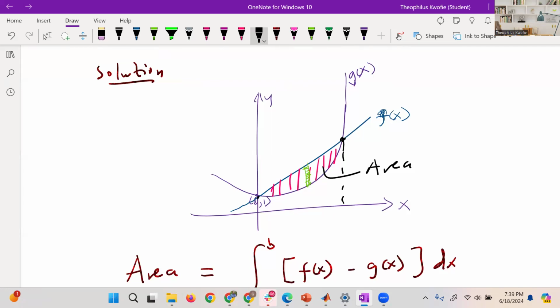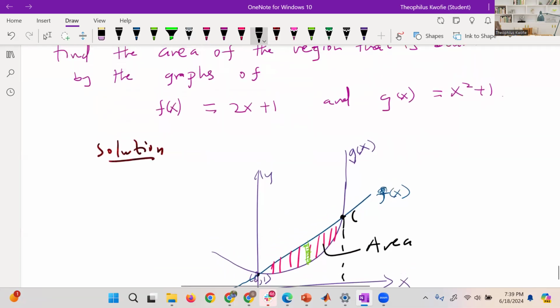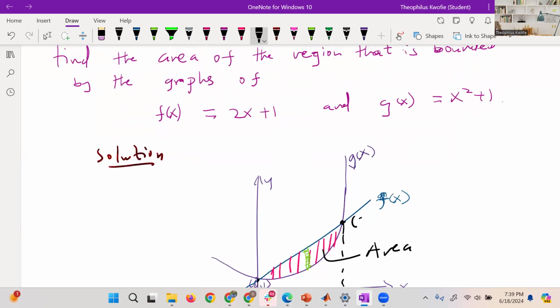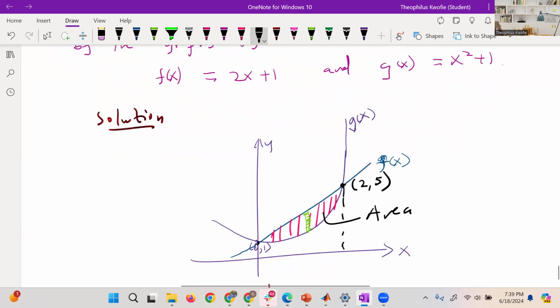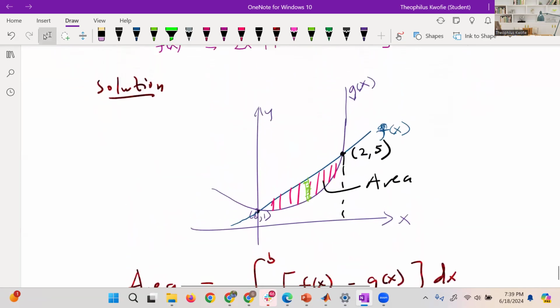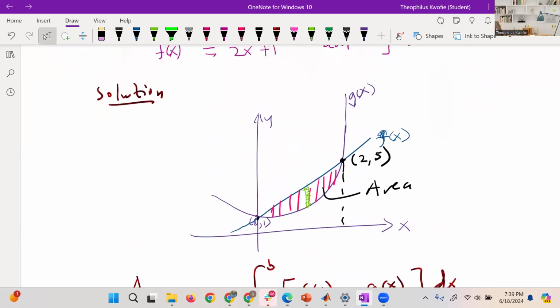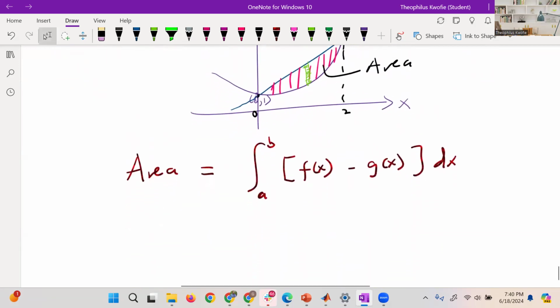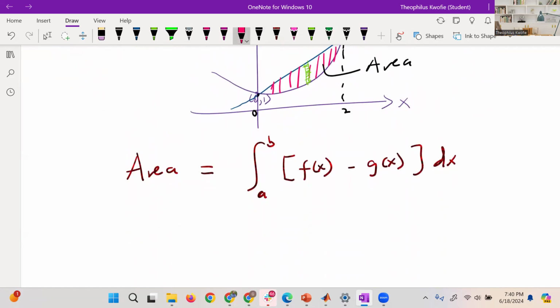Another point would be the intersection here. So our points of intersection will be 2 and 5. The x component will go from 0 to 2.